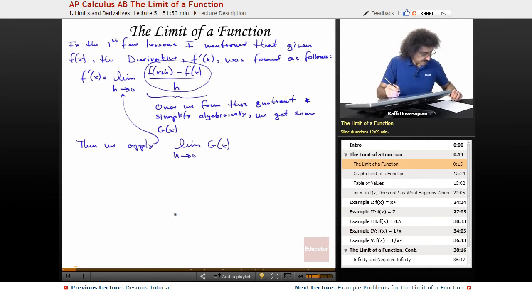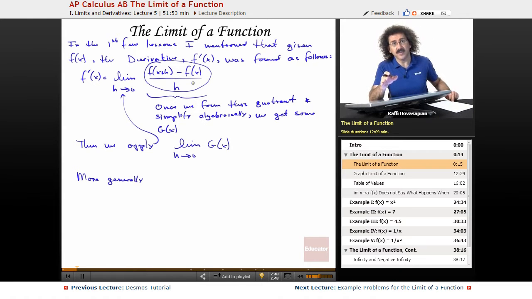More generally, when we take a derivative, we're going to be taking limits. But that's not the only time that we're going to be taking limits.